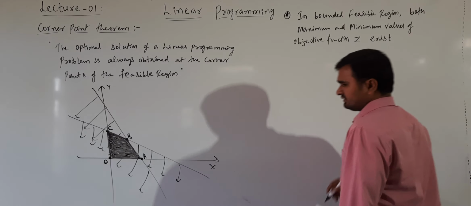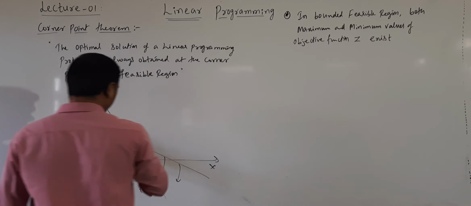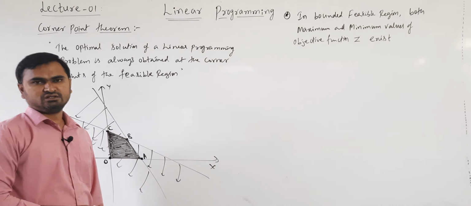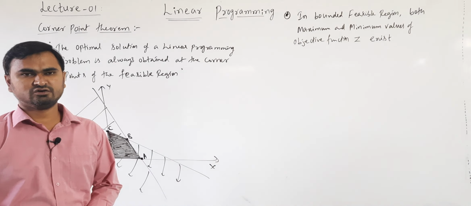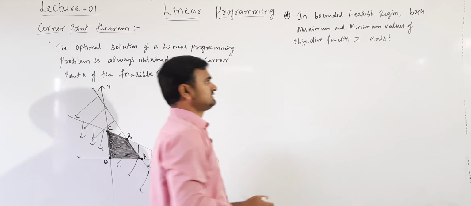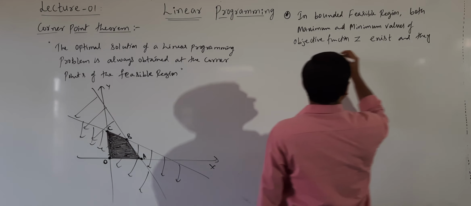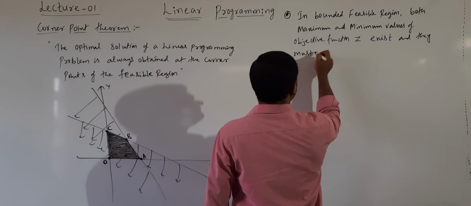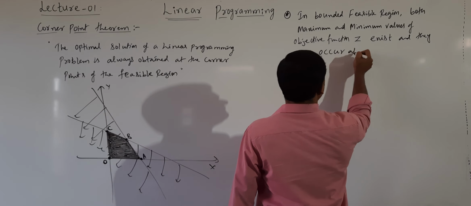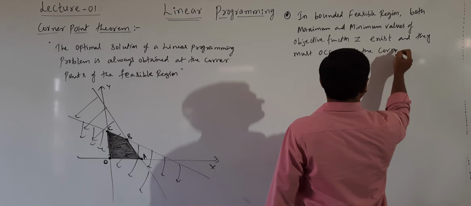Whenever the feasible region is bounded like this, both the minimum value and the maximum value of the objective function will exist, and they must occur at the corner points only.